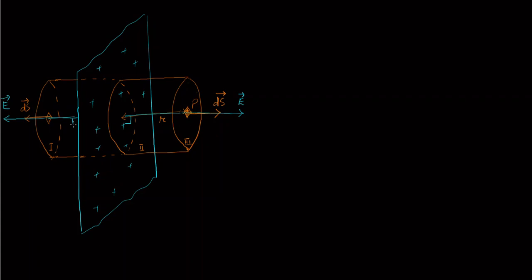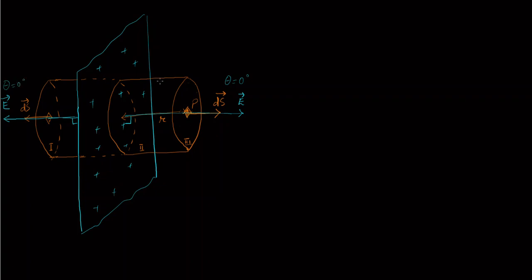Got it? This electric field makes an angle of 90 degrees with respect to the sheet. It is very important to note the direction of ds and electric field. In this case, what is the angle? The angle will be 0 degrees. In this case also, since ds and E are pointing in the same direction, the angle will be 0 degrees.